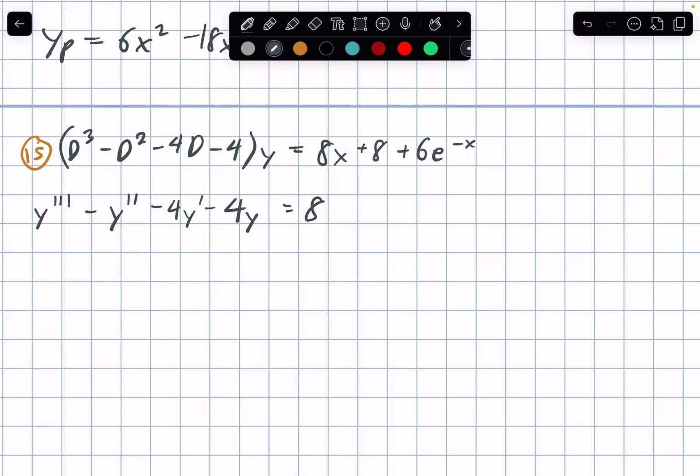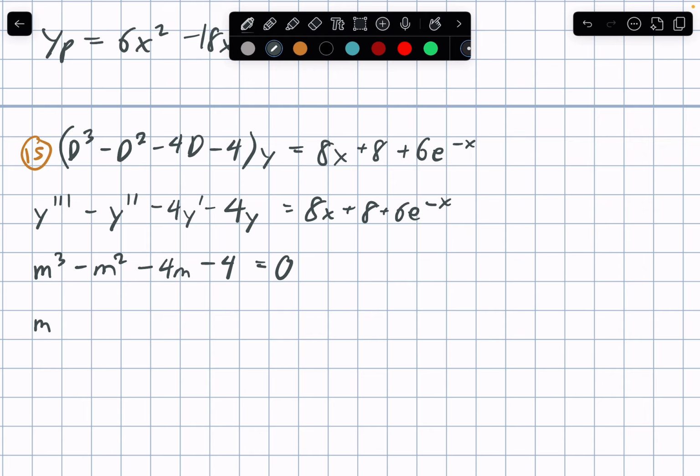And then, okay. So next, you can also convert this like this. Okay. Just equate it to 0 at this point.